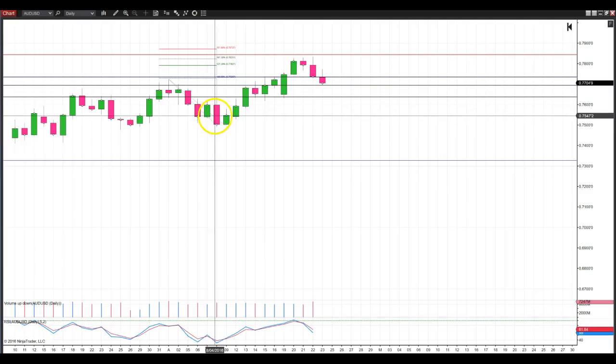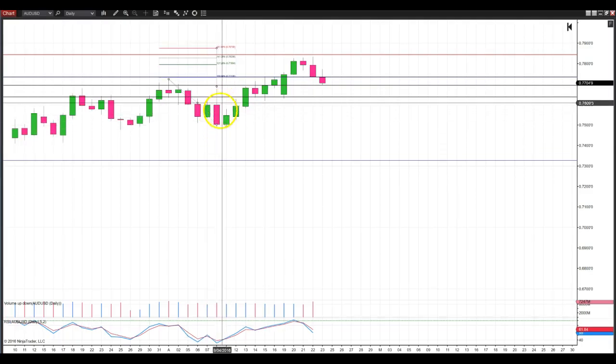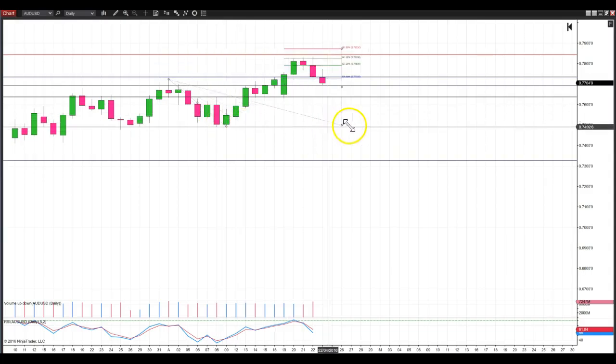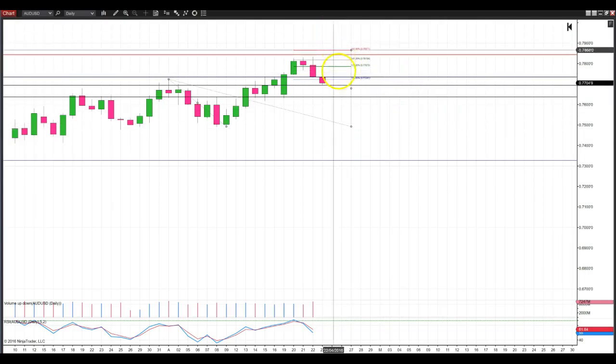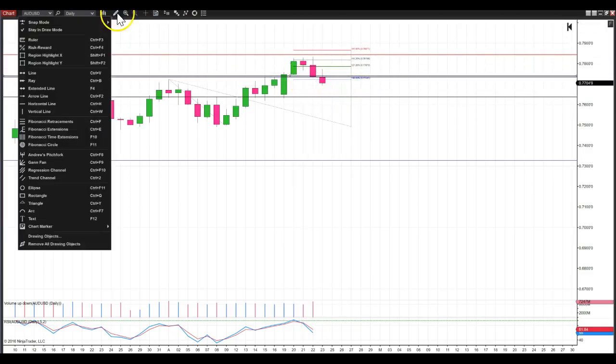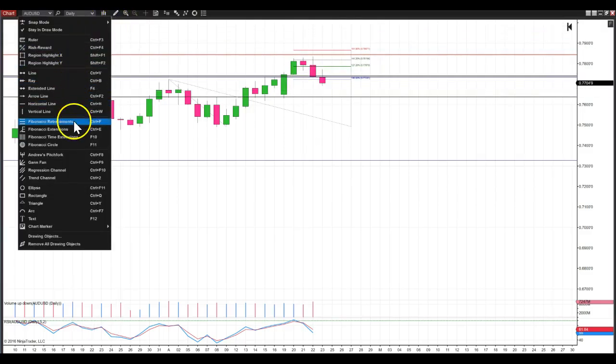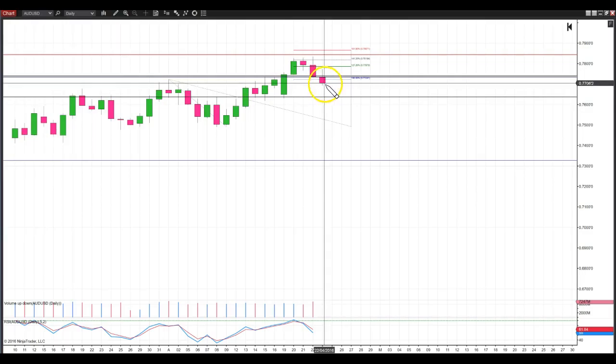Hold on. Damn it. Okay, so that's a level there. That's a good level. This is a potential level. Notch extension.